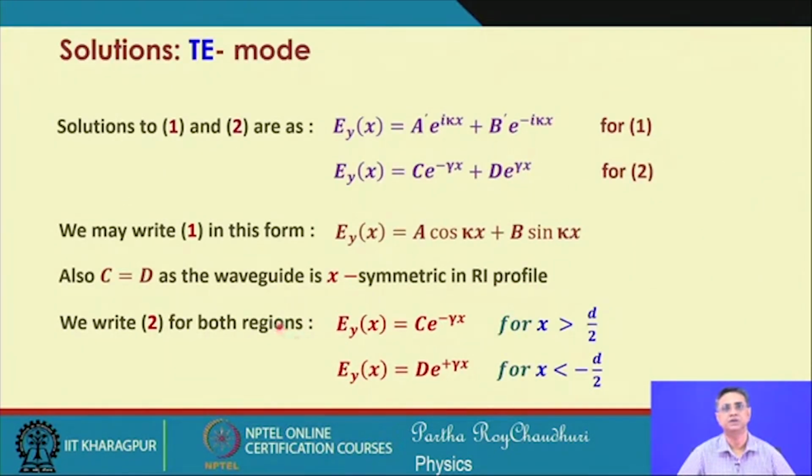Therefore, with this notation and convention, we write this equation: u y for x greater than d by 2, that is for the upper half, C e to the power of minus gamma x, and u y for the layer below the lower interface will be represented by, nevertheless, C and D, they are identical in the case of a symmetric structure.